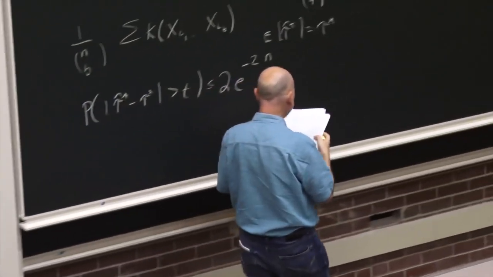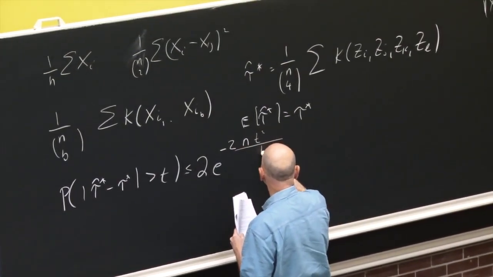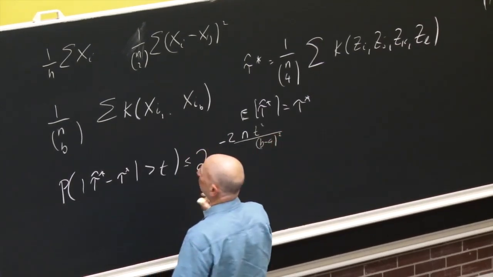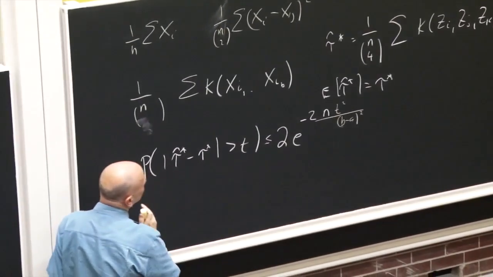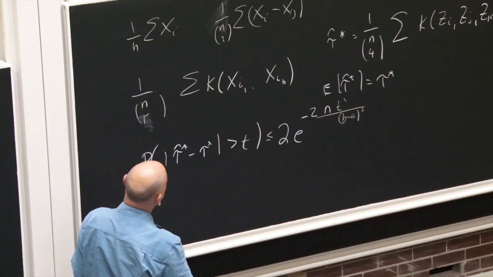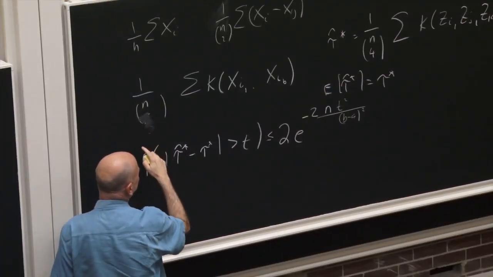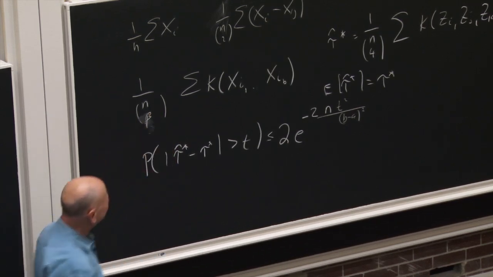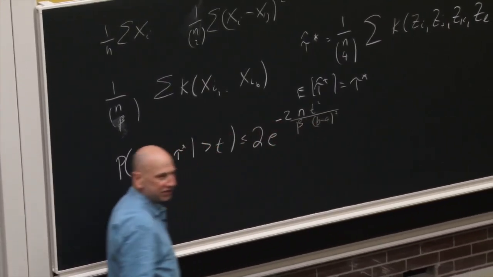It's 2n t squared over b minus a squared. I'm using b twice, unfortunately. Let me give this a different name now. Let's call it k. No, I've already used k. What haven't I used yet? How about a Greek letter? All right. Beta. Okay. Because that's what goes here. That's all that changes in Hoeffding's inequality.